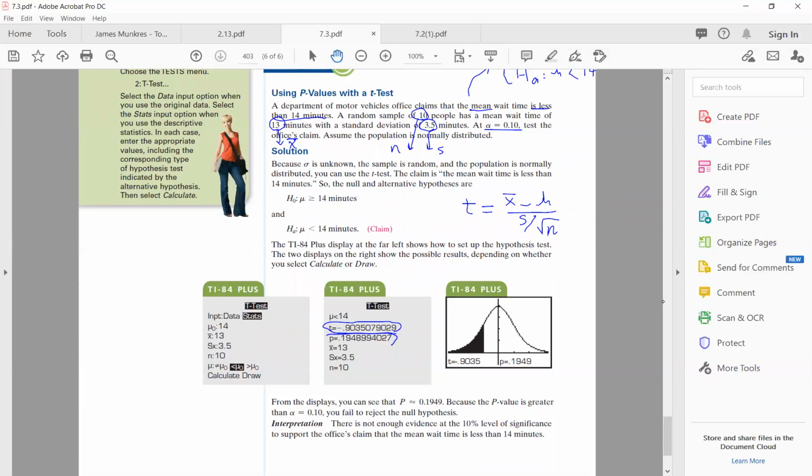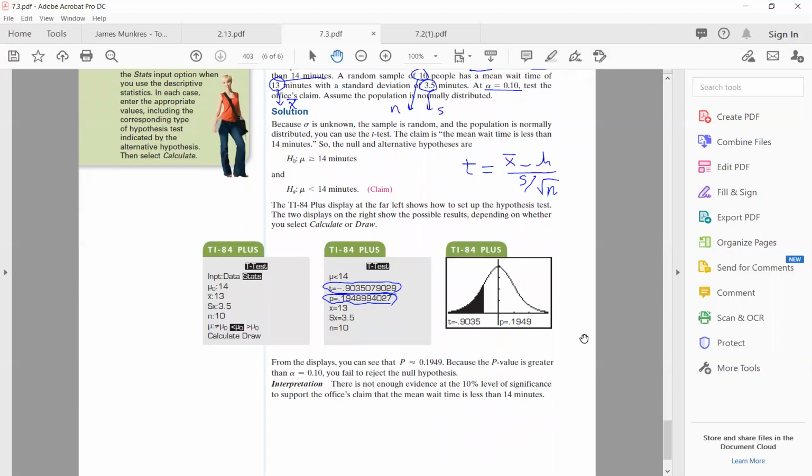The p-value is equal to almost 19%. Is 19% less than 10%? Is your p-value less than or equal to alpha? Of course not. Your p-value is greater than alpha, so you fail to reject the null hypothesis.